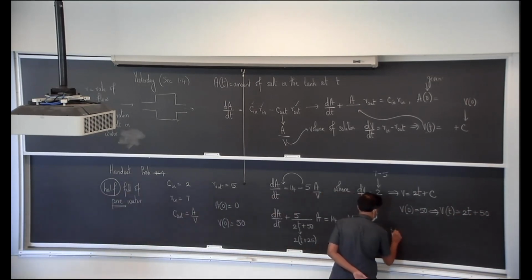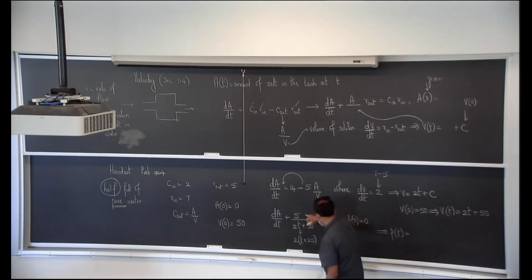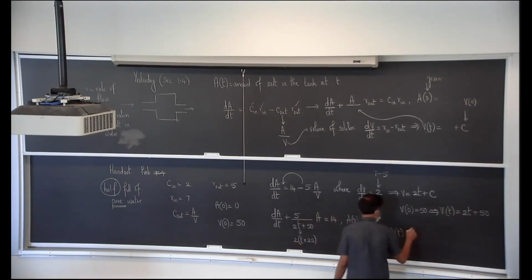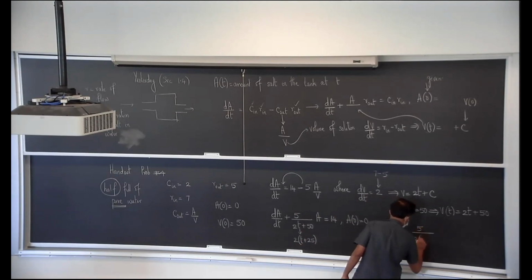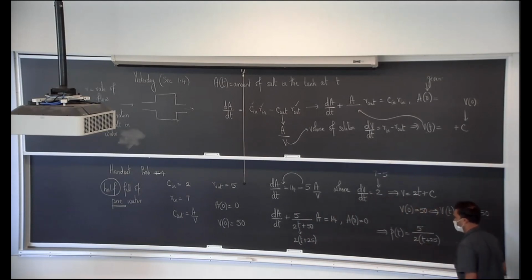So your P of t is 5 divided by 2 times t plus 25. Yes, we need to find the integrating factor here.